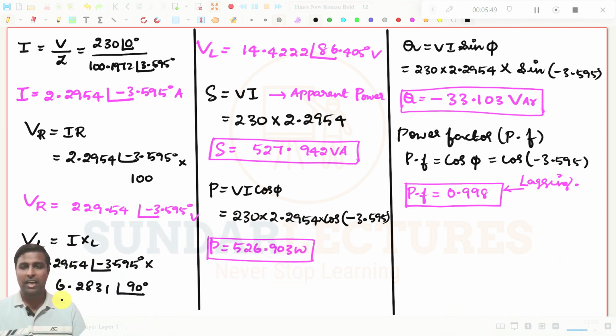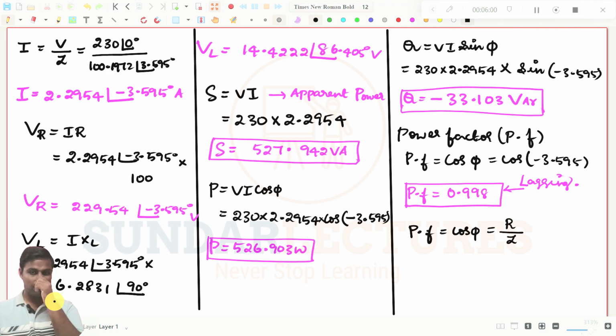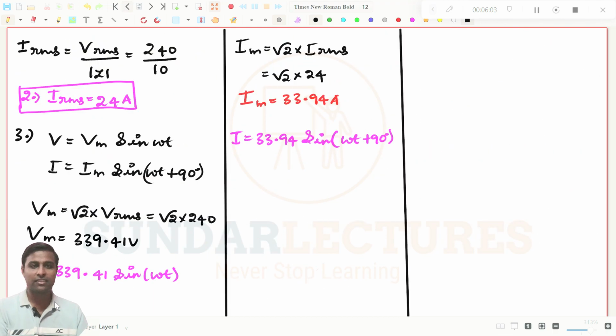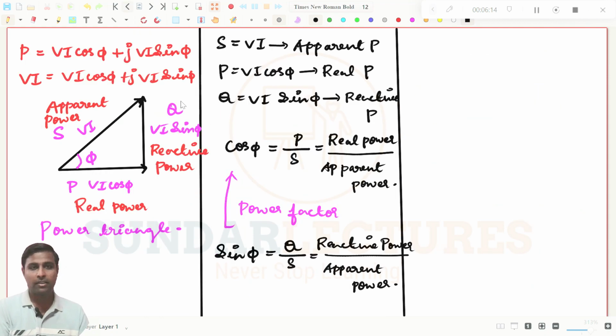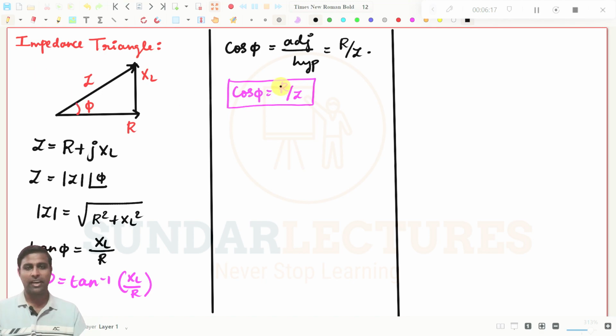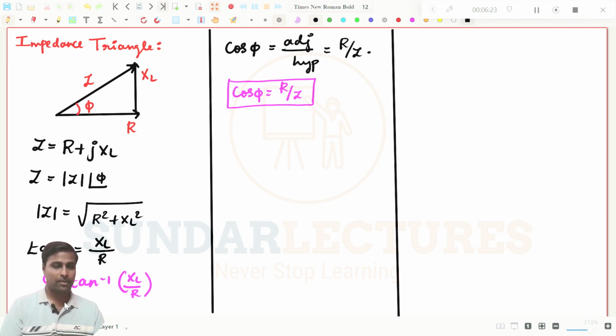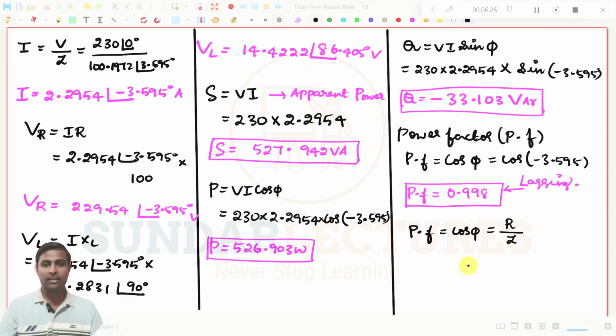Power factor is equal to cos φ, we know. And what is cos φ we have seen? That is nothing but R by Z. We have seen these formulas in the RL circuit. I have written this somewhere, yes, here. It is nothing but R by Z. And what is R by Z here?